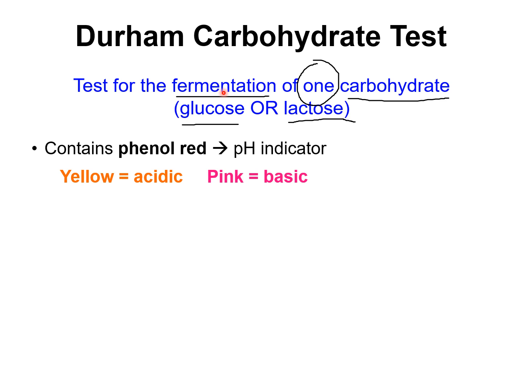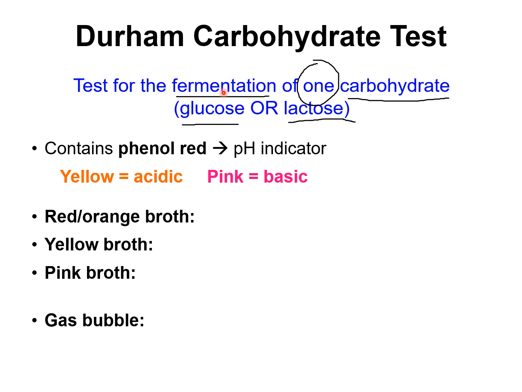Okay, so let's take a look at some of the results together to make more sense of what I'm saying. Let me first list some of the colors that you might see, see together what that would mean, and then I'll show you the images. So if your broth is red or orangish in color, remember how we said we start off with that peachy orangish color? That could just mean this is an uninoculated test tube.